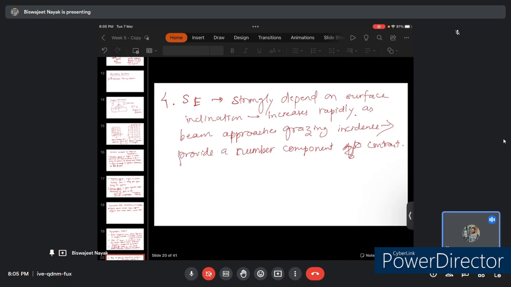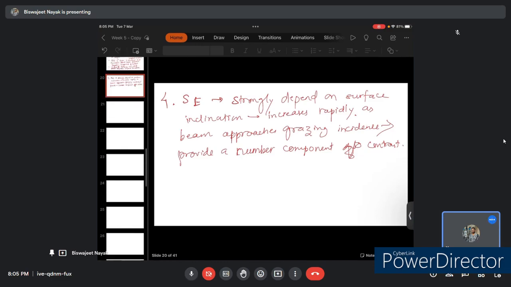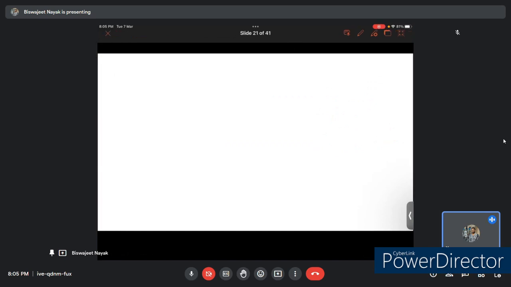Those are WDS and EDS, that is, energy dispersive X-ray spectroscopy. First, let us consider EDS.